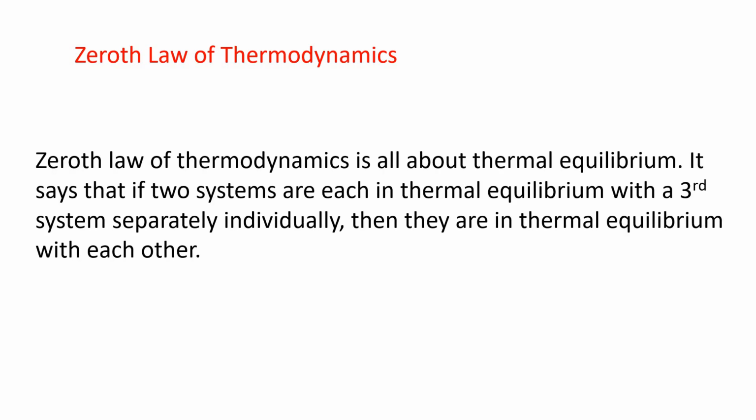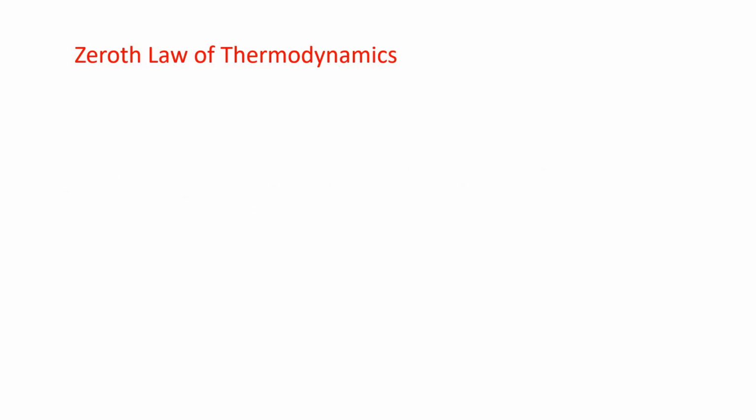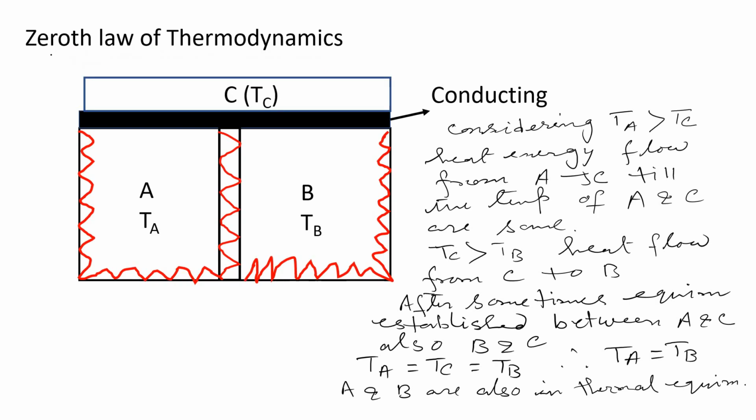Okay. So what is the zeroth law of thermodynamics now? The zeroth law of thermodynamics is all about this thermal equilibrium. It says that if two systems are each in thermal equilibrium with a third system separately, individually. So here we have seen that A and C are in thermal equilibrium individually.